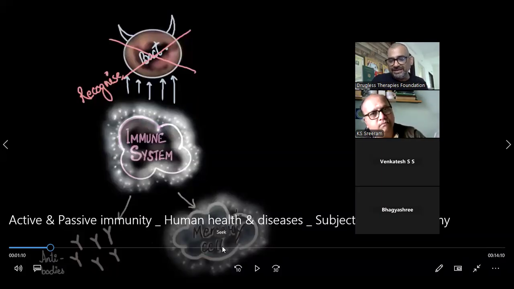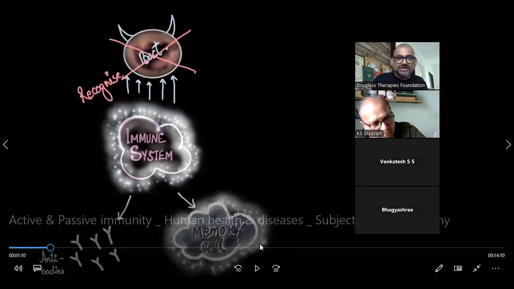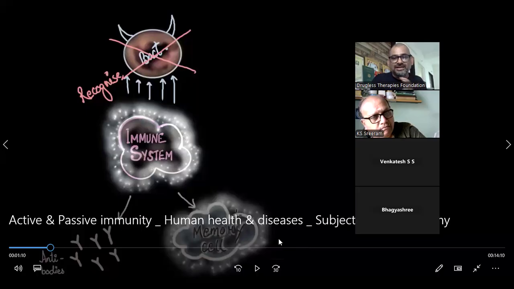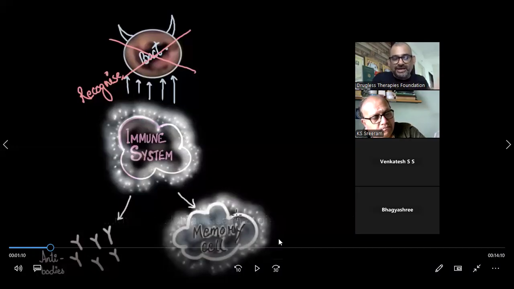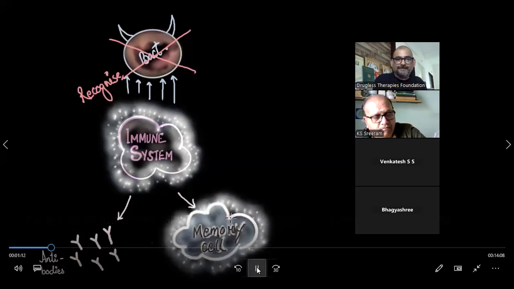So in case of any similar thing coming in future, the immune system is already ready, and it will go and directly fight against those infections. This is very important. This memory cell now will stay in our body and will fight this bacteria if it dares to enter our body again.